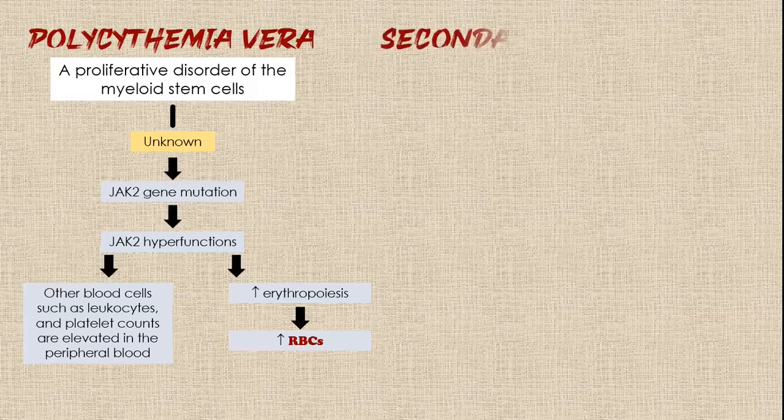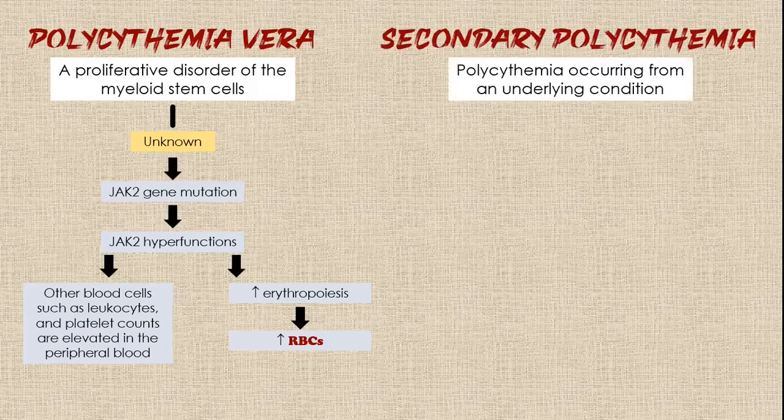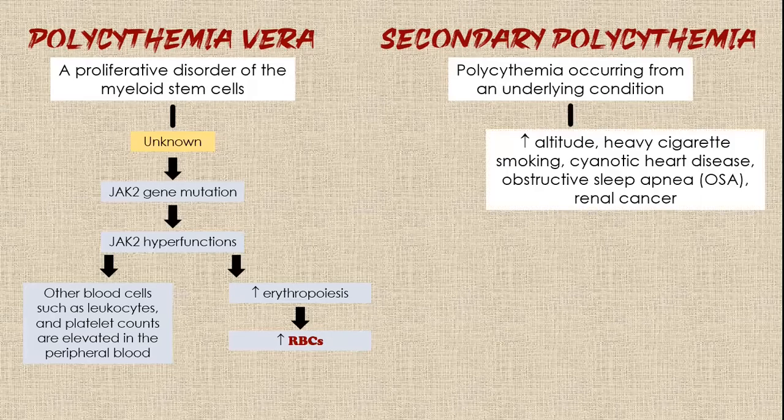As for secondary polycythemia, secondary meaning it is an effect from an underlying condition. These conditions include being on high altitude, heavy cigarette smoking, cyanotic heart disease, obstructive sleep apnea, and renal cancer, which cause a reduced amount of oxygen.